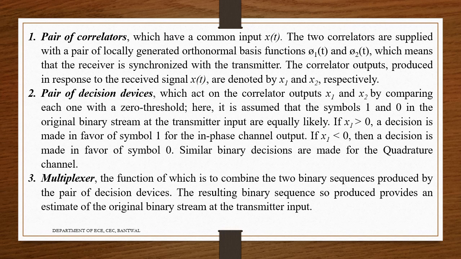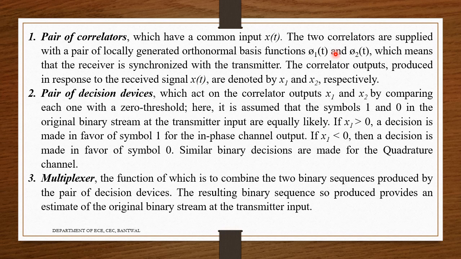Now we are doing the same thing as before. I have explained the pair of correlators to remove the components, and phi 1 and phi 2 are nothing but the orthonormal basis functions, which we use as a synchronous local reference in the transmitter, and the same thing in the receiver.